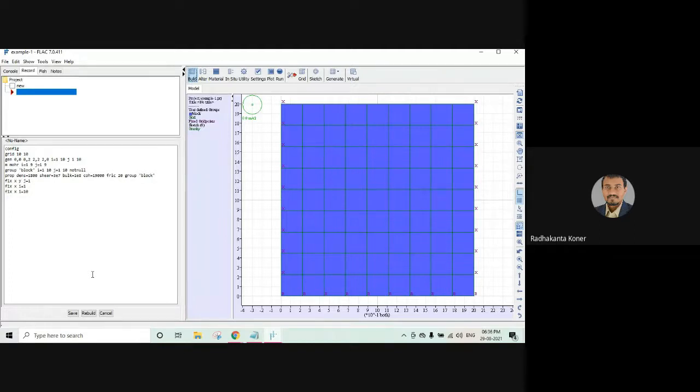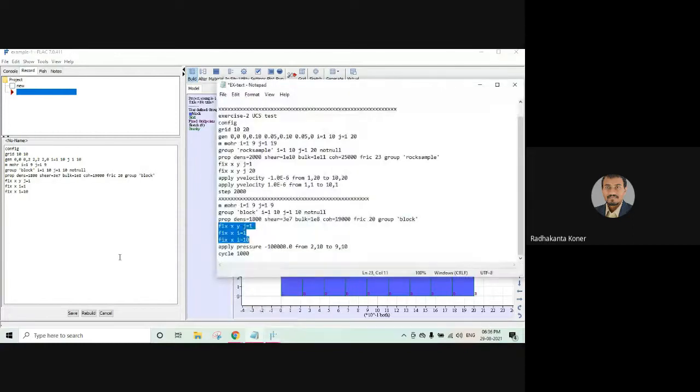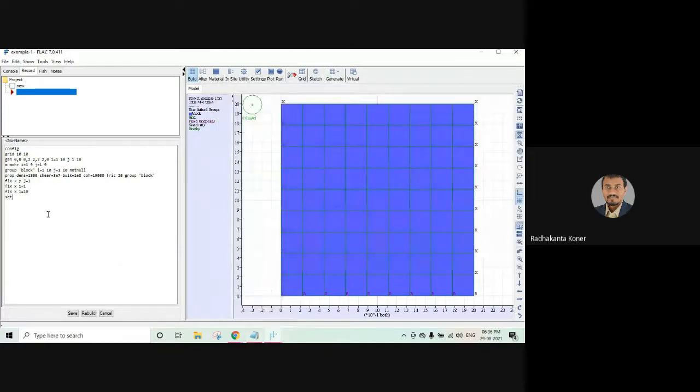Okay. Now define the gravity. Set gravity 9.81. Everybody knows gravity means the gravitational acceleration. Okay. So all the real properties of a physical material we have defined on this block.